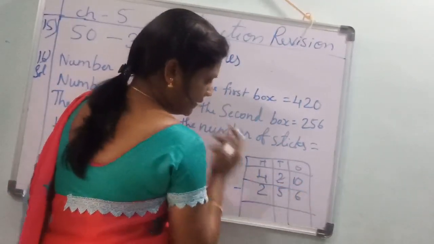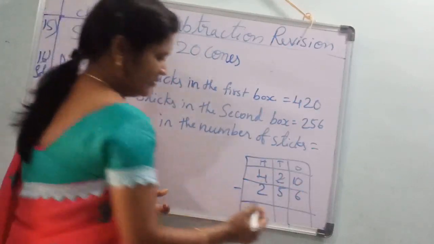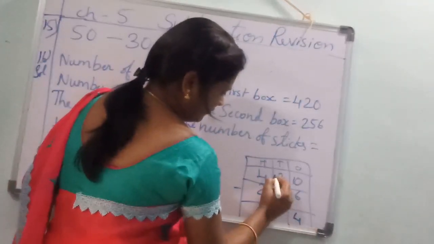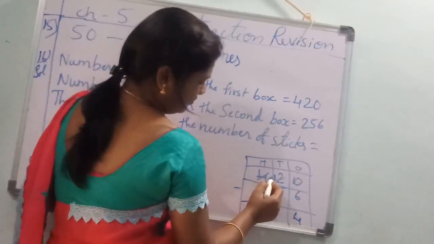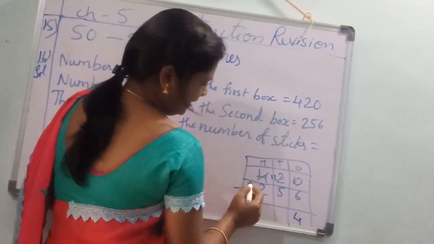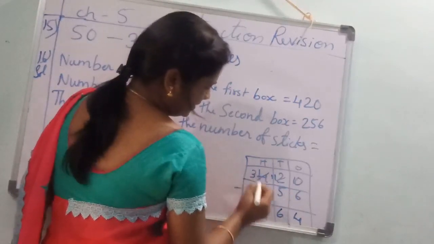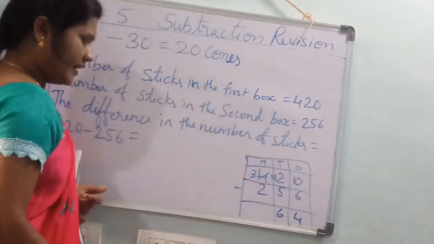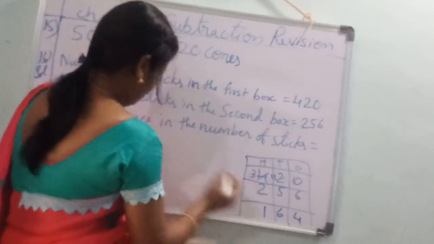In the 10, 6 will go? Yes, it will go. 10 minus 6, 4. Here 1. In the 1, 5 will go? No, you should take borrow from here. 11. 11 minus 5, 6. Here 3. In the 3, 2 will go? Yes, it will go. 3 minus 2, 1. What is that answer?